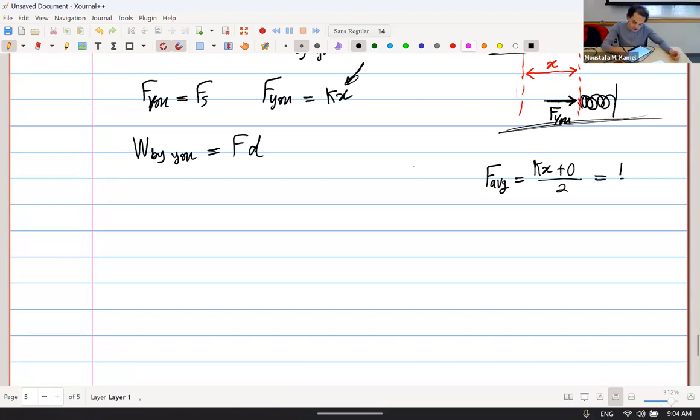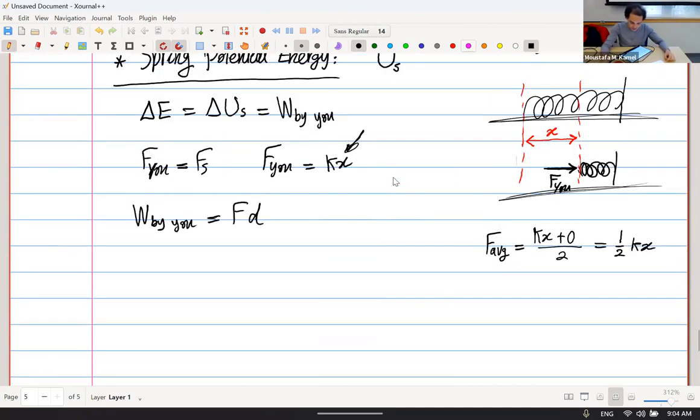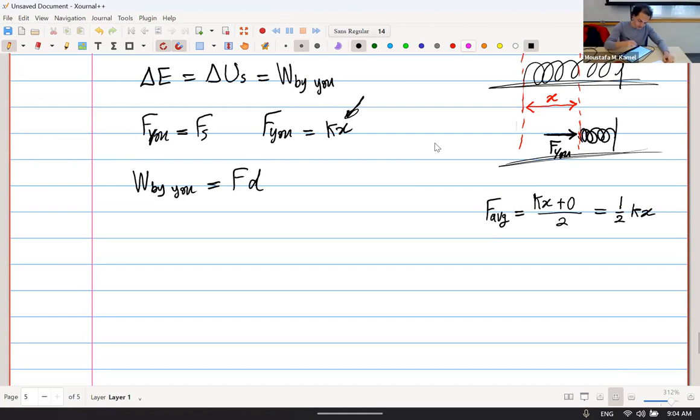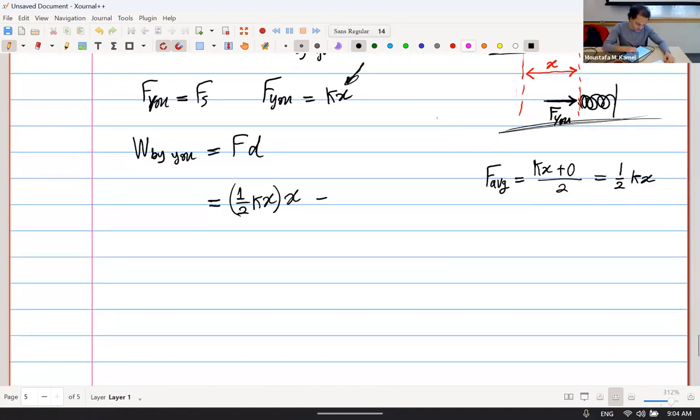So the average force is half Kx. So I will substitute that here. So we will have half kx, and the distance covered is x. So this is half kx squared.